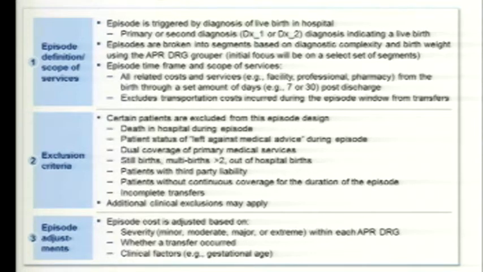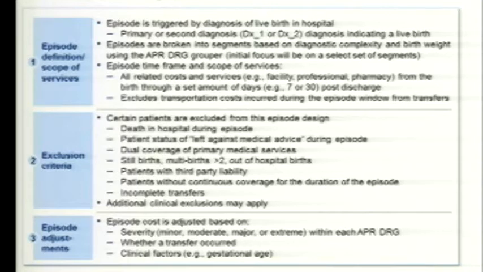But the 30-day segment is only for feedback, while the 7-day window of readmissions would be included in the episode costs. And we can talk about appropriateness of discharge timing, handoffs, etc. We will exclude transportation costs. So people being transferred to another facility or back transferred, those costs are not included.